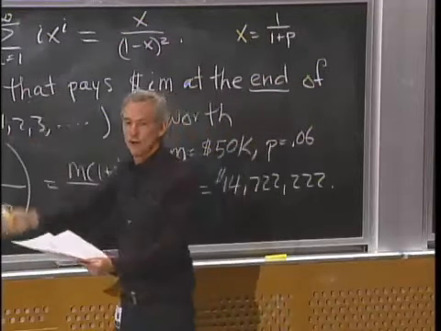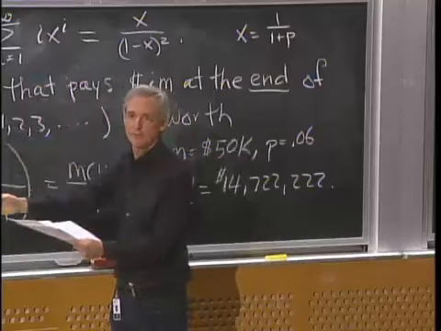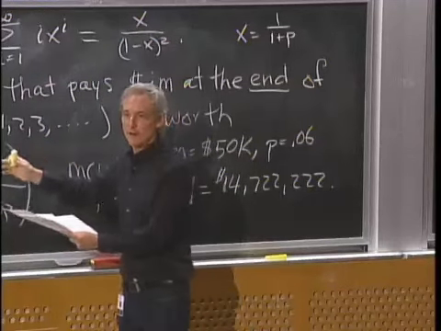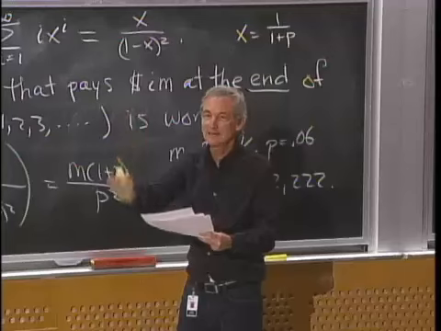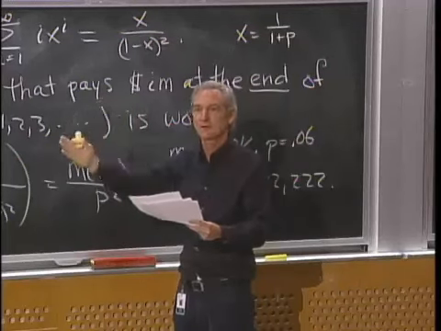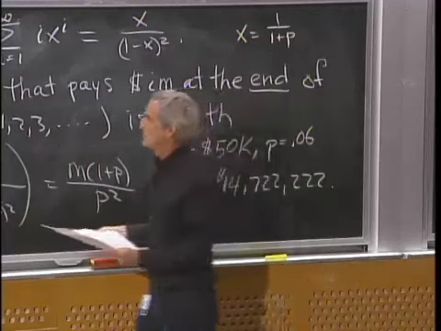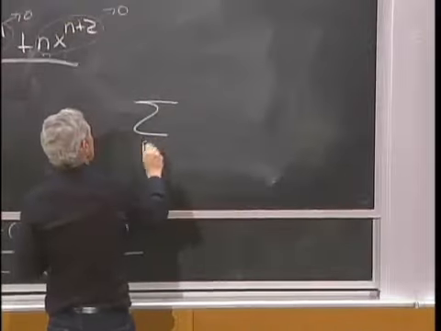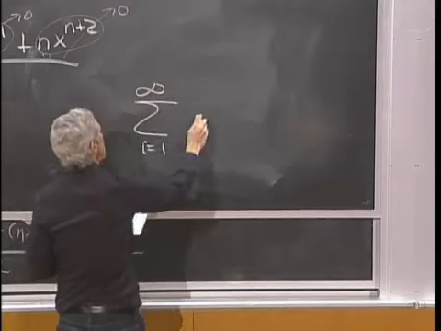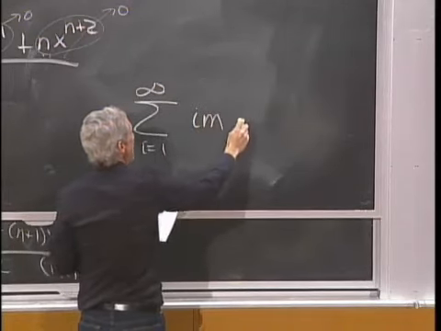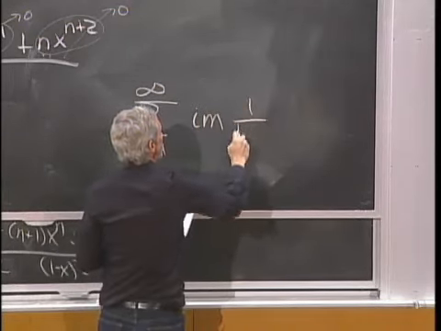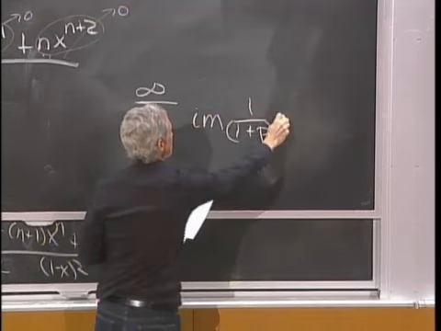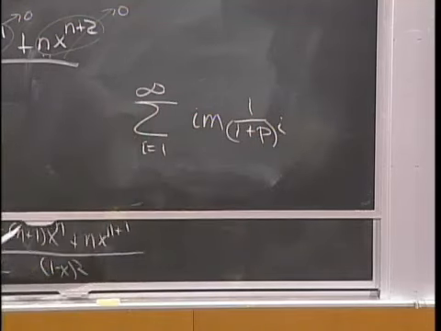The next year 2m. The next year 3m. The next year 4m. But every year you're knocking it down by 1 over (1 plus p) to the number of years. So the sum you've really got here is i equals 1 to infinity, i m dollars are paid, but those dollars are worth 1 over (1 plus p) to the i today, the current value. That's a good question.